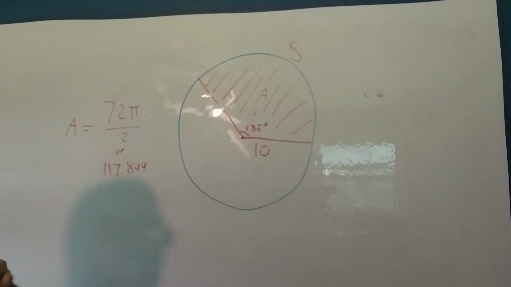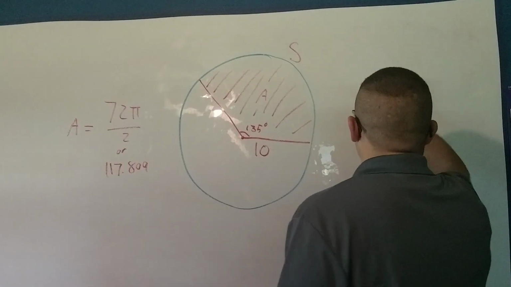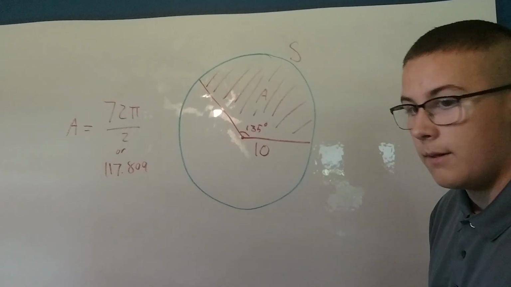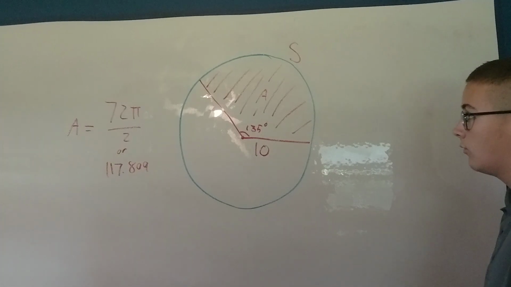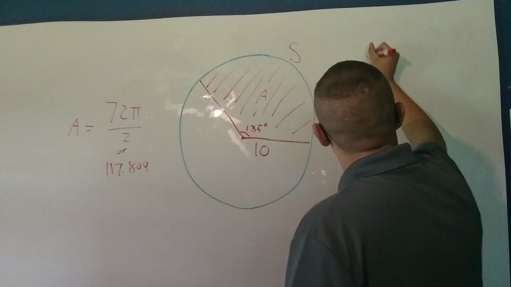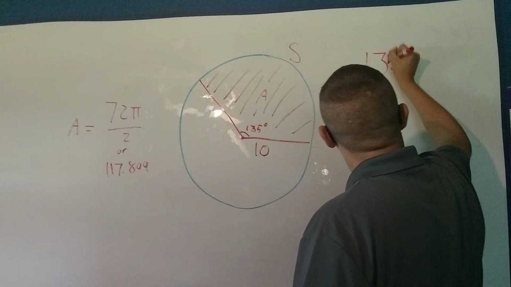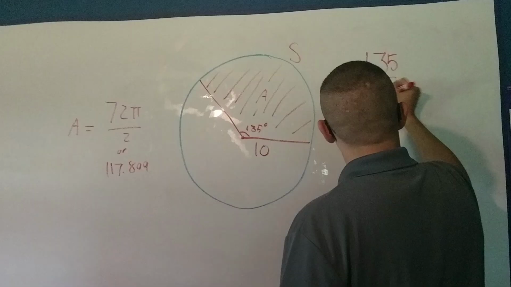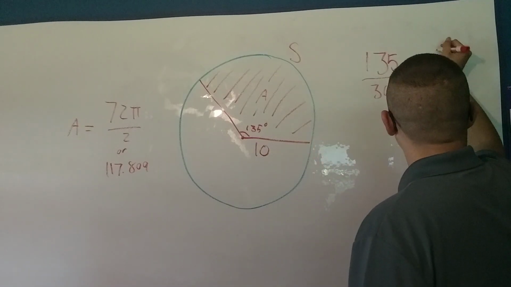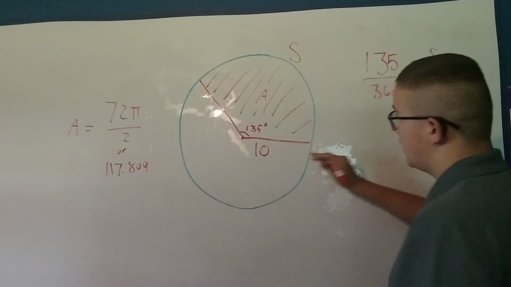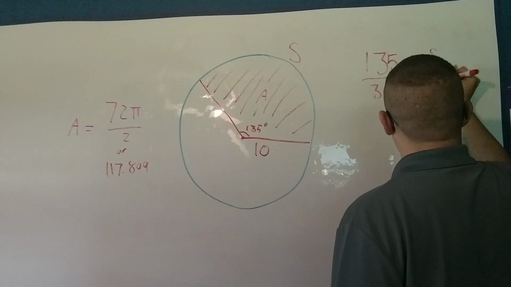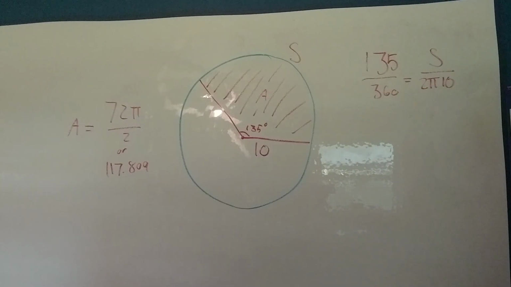Like that. And now we solve for the arc length. So first we do the part over whole equals part over whole. So part of our angle, 135 over 360 equals S over our entire circumference, 2 pi r, 2 pi 10, like that.